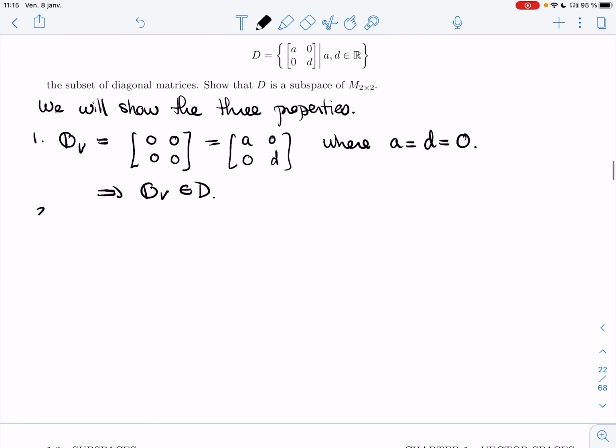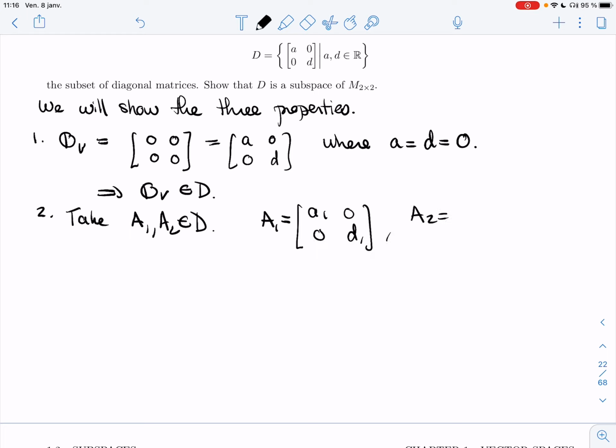All right, second, I need to take two elements. Actually, let's call them A1, A2. That way the notation is going to come more naturally. A1 is going to have entries A1, D1, and A2 is going to have A2, D2.